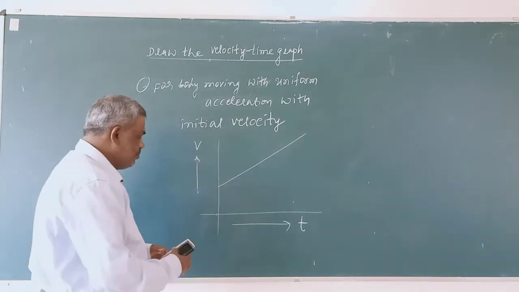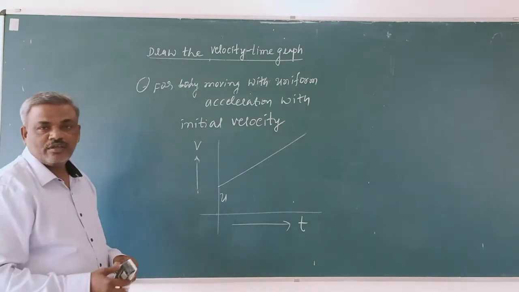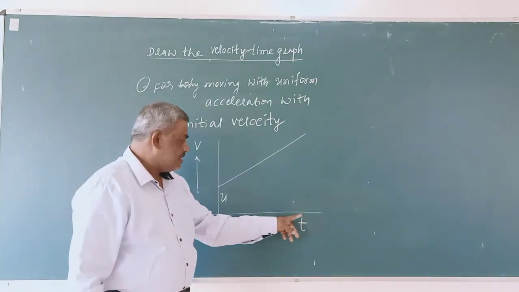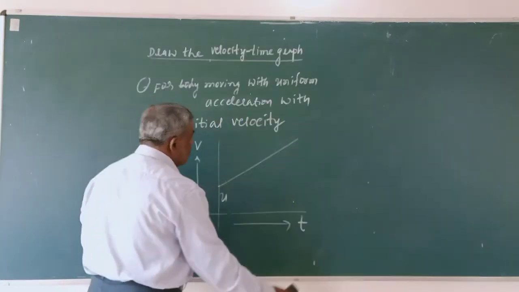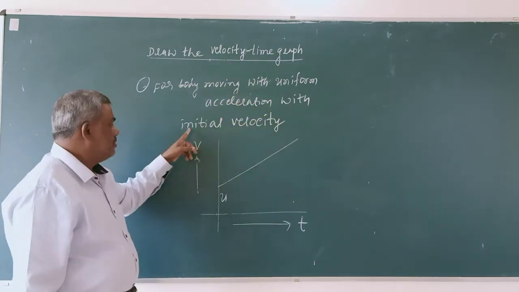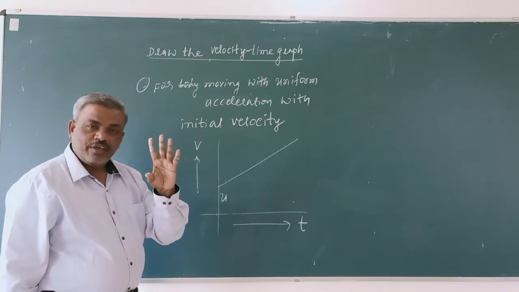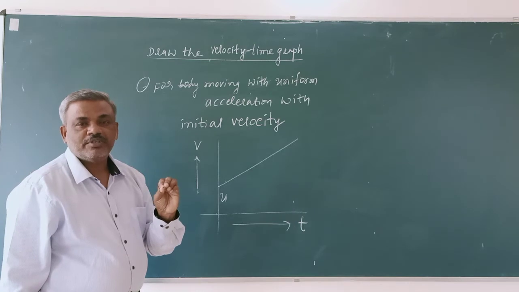U is the initial velocity. After a certain time, as time increases, velocity also increases. So this graph indicates what? A body moving with uniform acceleration with initial velocity. In the beginning, a vehicle has maybe 10 or 20 meters per second.